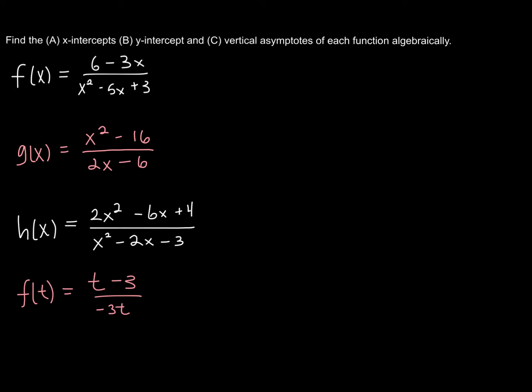You could make a table of values. You could plug in some values in your head that are close to those asymptote values. But the important thing is that you identify each of these 3 key characteristics for these 4 functions. When you're done with that, I have one more problem for you, so press play and we'll take a look.